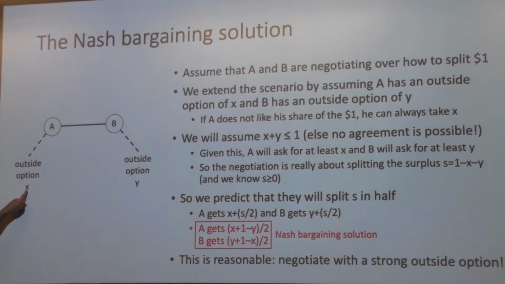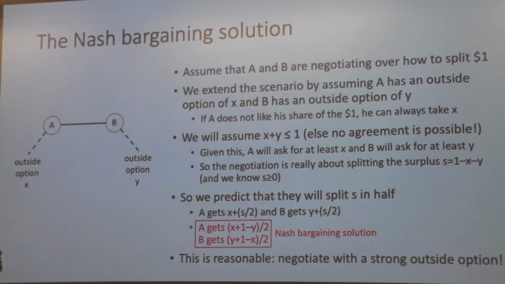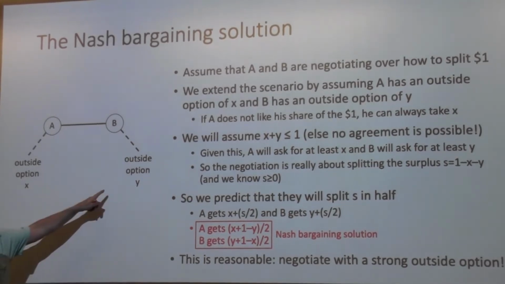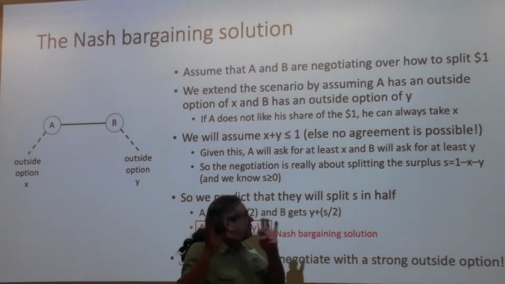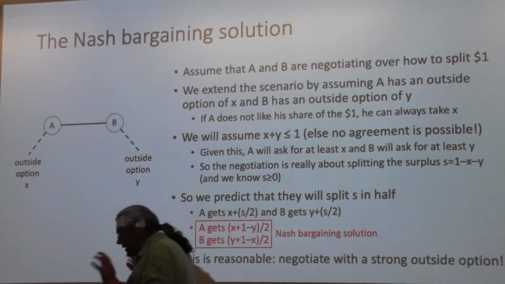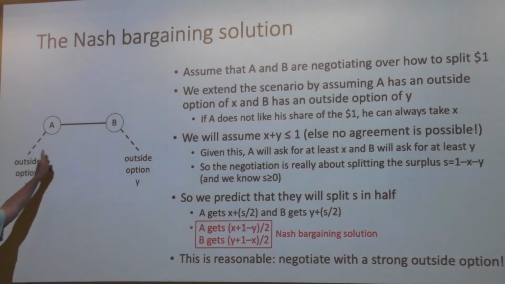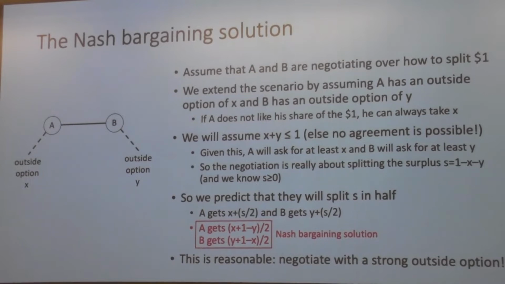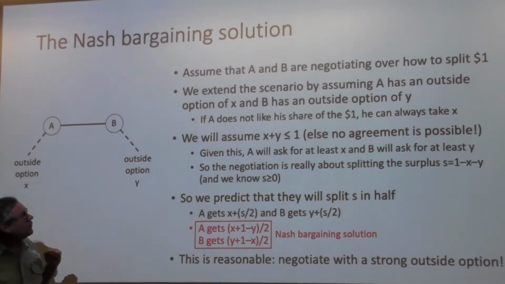A will ask for at least X, B will ask for at least Y. So if you look at X plus Y, which is less than 1, there's an extra amount, 1 minus X minus Y. This is the extra that they could get if they agree with each other, compared to the outside. So this negotiation is splitting the surplus.